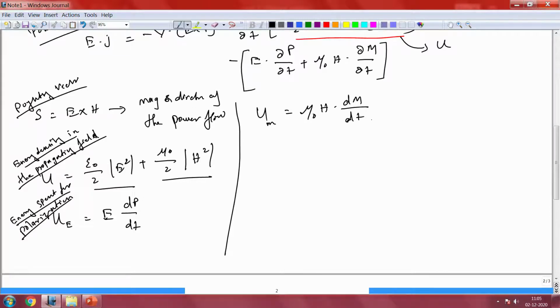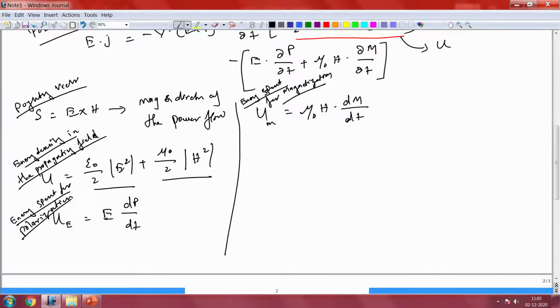So what is this? This is nothing but the energy, or the power density, expended by the electromagnetic wave on the magnetization. So this is energy spent for magnetization.